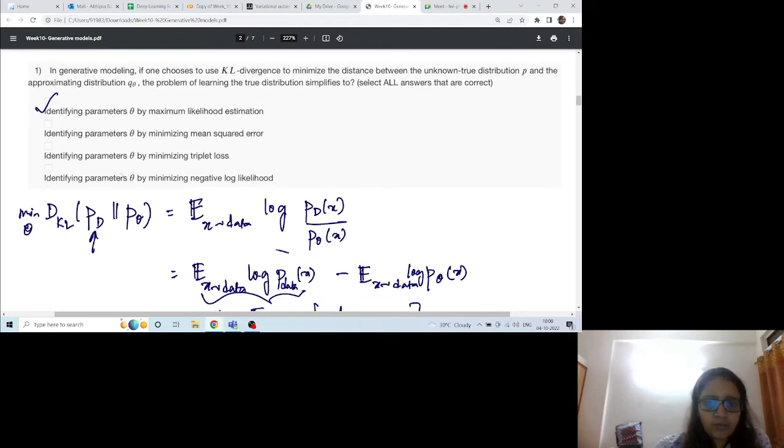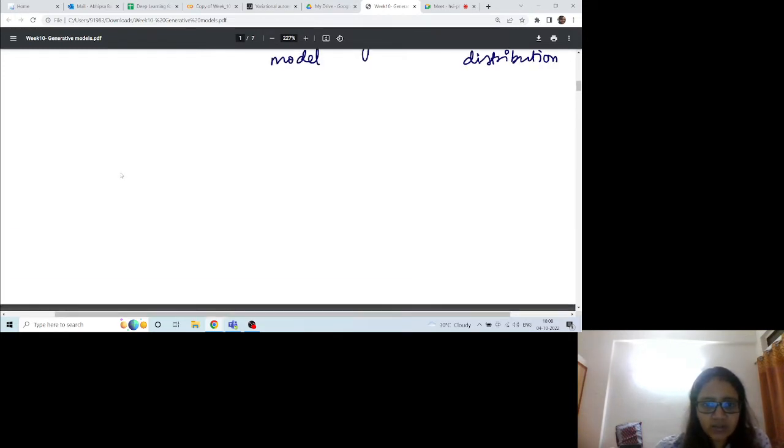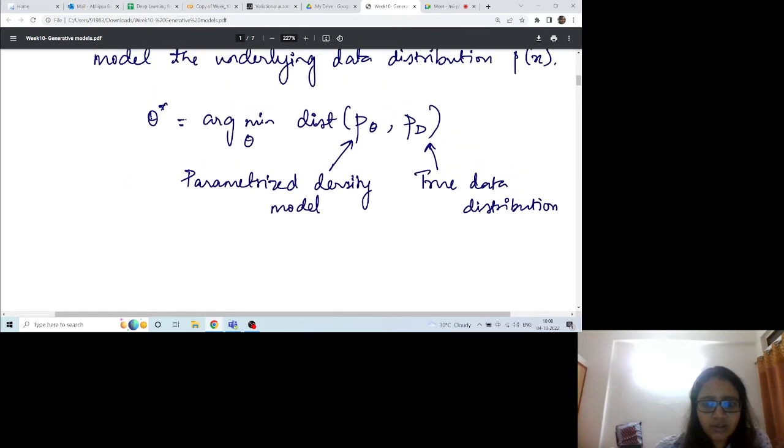In this particular slide, what we saw is that we are trying to find theta such that the distance between these two probability distributions is minimized. Probability distributions are a little bit different from other vectors.